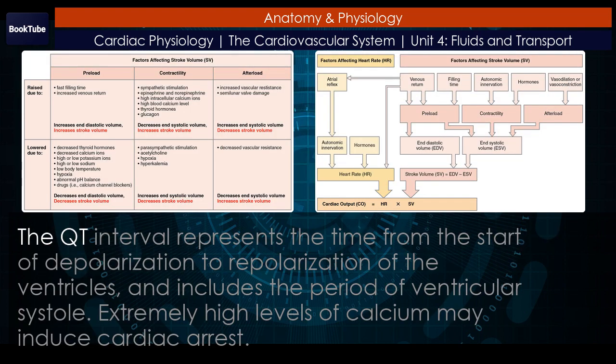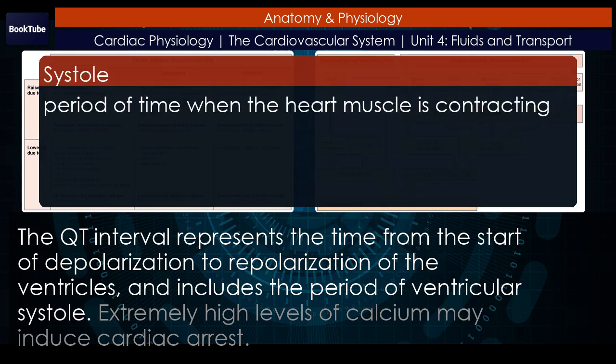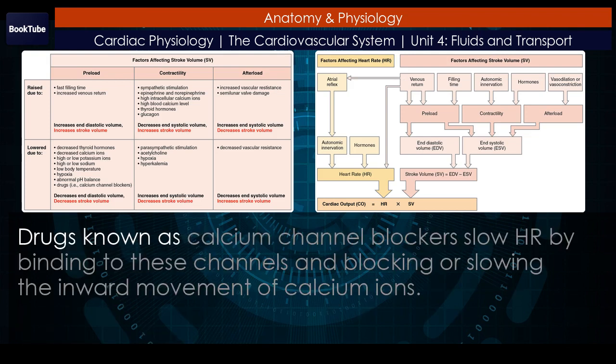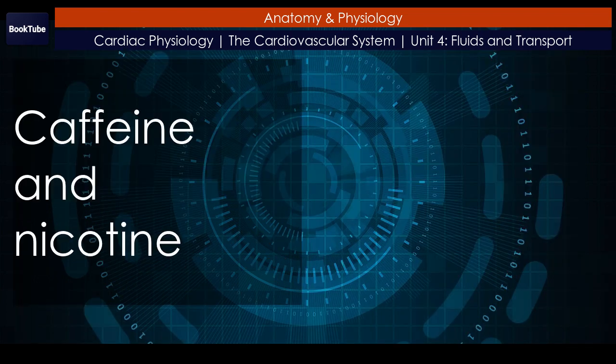The QT interval represents the time from the start of depolarization to repolarization of the ventricles, and includes the period of ventricular systole. Extremely high levels of calcium may induce cardiac arrest. Drugs known as calcium channel blockers slow HR by binding to these channels and blocking or slowing the inward movement of calcium ions.